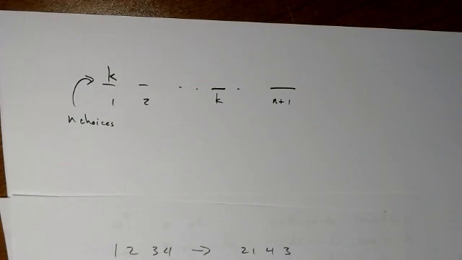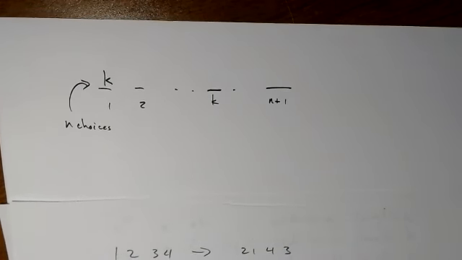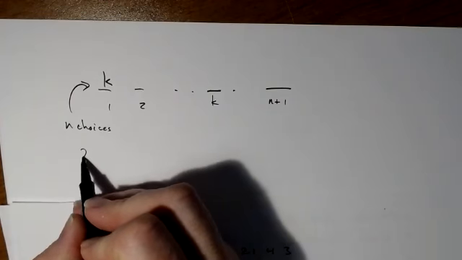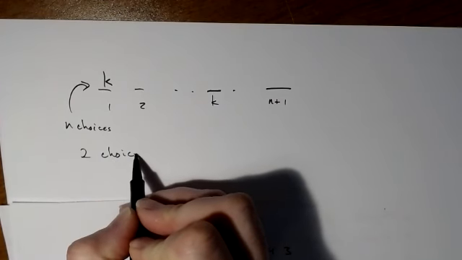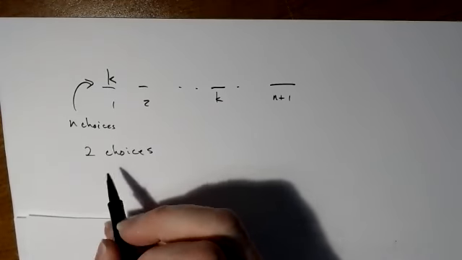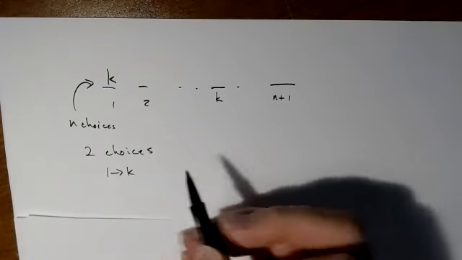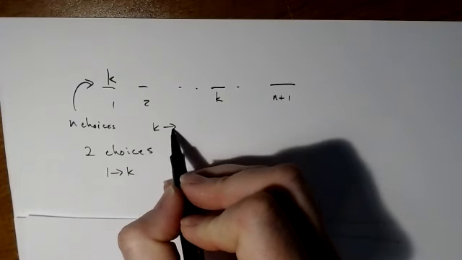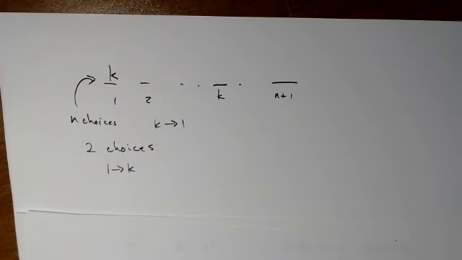There are n choices for that. So if I say I put a k there, then there are 2 choices for how to proceed. The first is that then 1 goes to k. So we already have k moving to position 1.